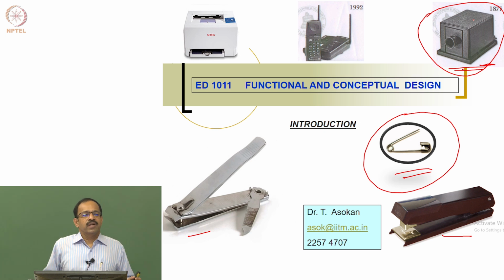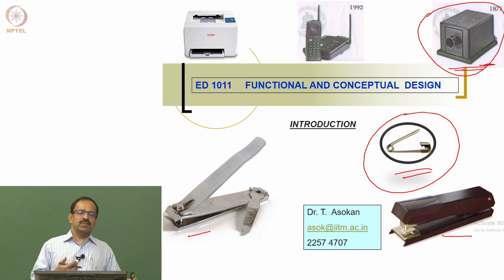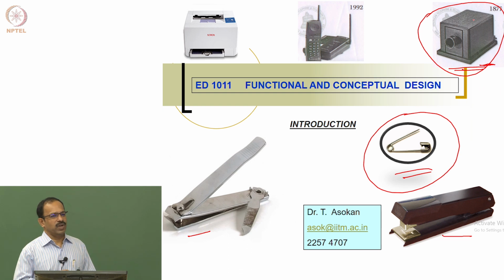But the safety pin remains the same as it was 100 or 150 years ago. What's the reason? Why does the safety pin remain the same, and why do other products keep changing their shape, size, many things? What is the reason for that?